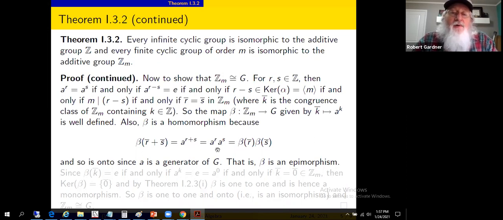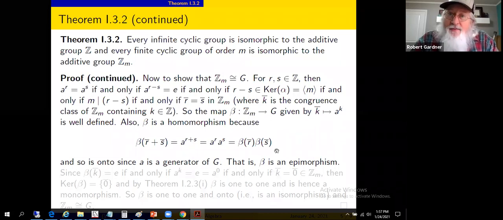We know what these symbols mean. It was at Theorem 1.1.9 that said a to the r plus s is the same as a to the r times a to the s. Multiplicative notation. Hey, a to the r is beta of r bar, right? And a to the s is beta of s bar. So we've got beta of r bar plus s bar equals beta of r bar times beta of s bar.